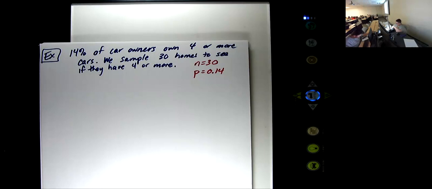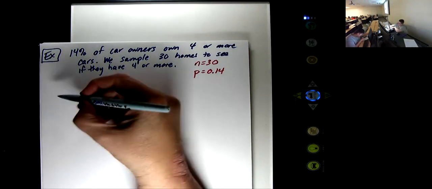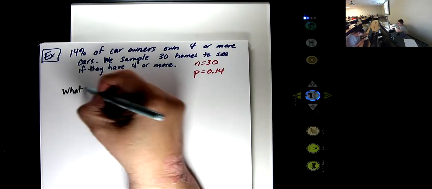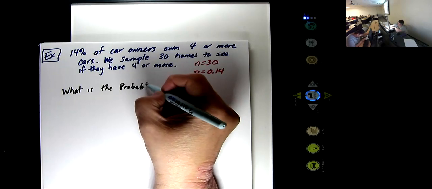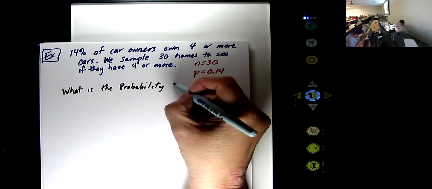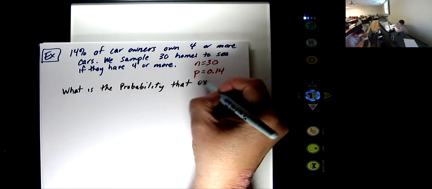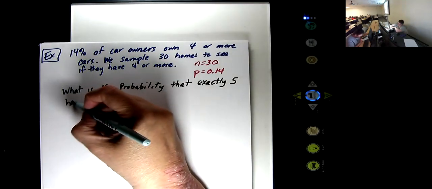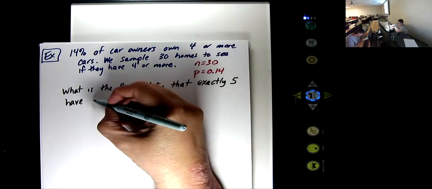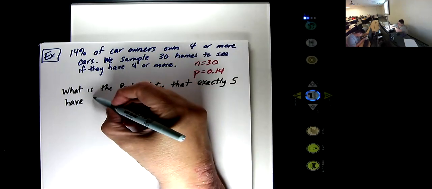What we're going to check is, what is the probability that exactly 5 have 4 or more cars?